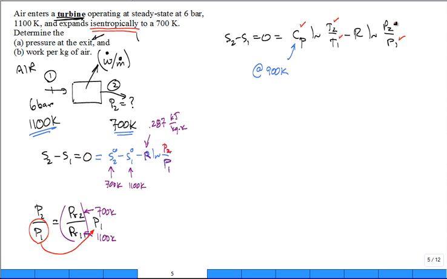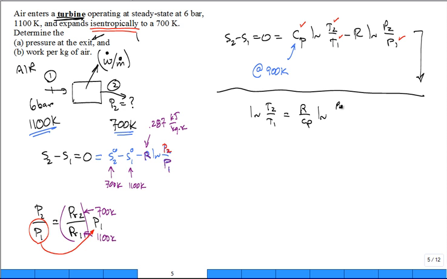All right, there's another way of solving this problem, because some people have taken this equation and manipulated it a little bit. I did this algebra last time, let me quickly do that again. We have the natural log of T2 over T1 equal to R over C sub P times natural log of P2 over P1.